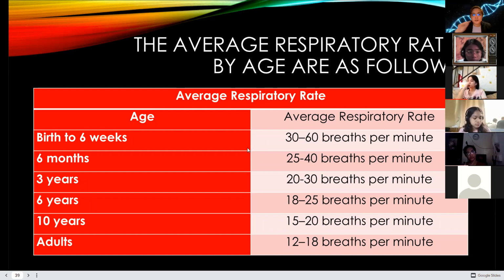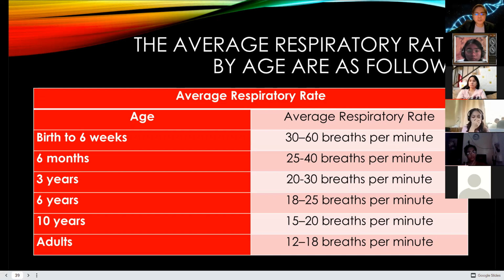As months and years pass by, they develop their lungs with a bigger air capacity. So the rate becomes lesser and lesser until it stabilizes at 12 to 18 breaths per minute in adults. This is the reason behind it.